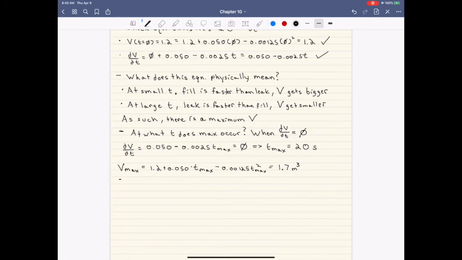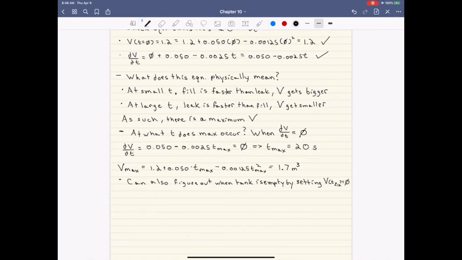To figure out when the tank becomes empty of water, what we could do is just set our V(t) expression equal to 0 and figure out what time that corresponds to. So we can also figure out when the tank is empty by setting V(t), or I'll call this V(t final), equal to 0.